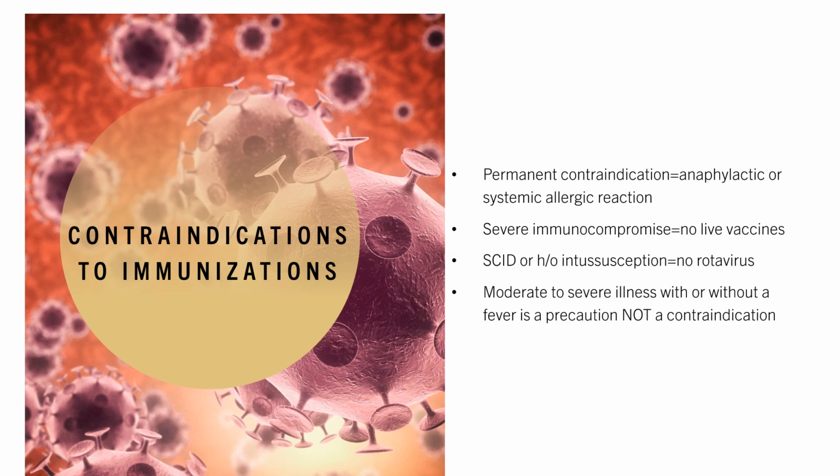That is a precaution to receiving an immunization, meaning that we expect that there is an increased risk of an adverse reaction or a possibility that their ability to create immunity from getting that vaccine is going to be impaired because of their moderate to severe illness. Those conversations are going to take place between the provider and the family to decide whether or not the risk versus benefit is there for that child to go ahead and receive the vaccination regardless.